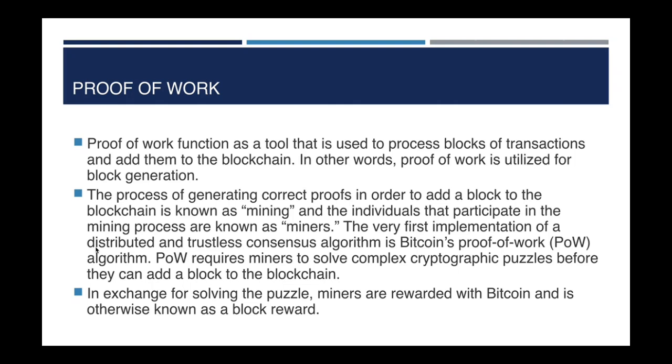And those who participate in the mining process are known as miners. So proof of work was first used by Bitcoin blockchain system. Proof of work requires miners to solve complex cryptographic puzzles before they can add a block to the blockchain. In exchange for solving a puzzle, the miners are rewarded with a Bitcoin.